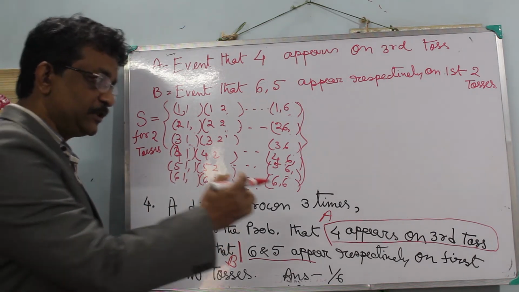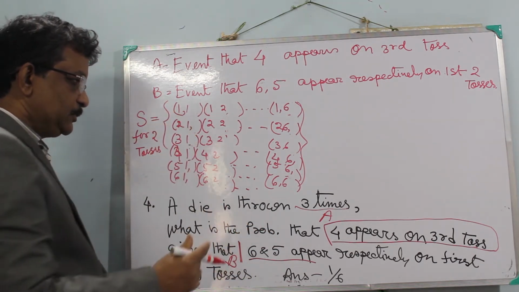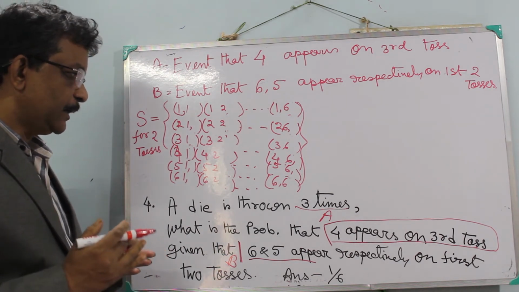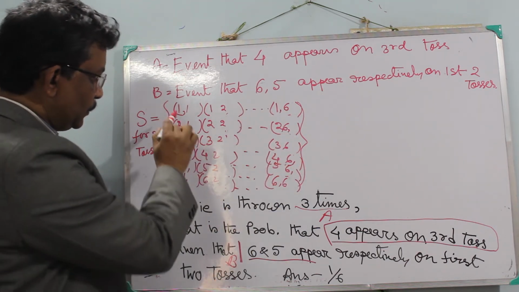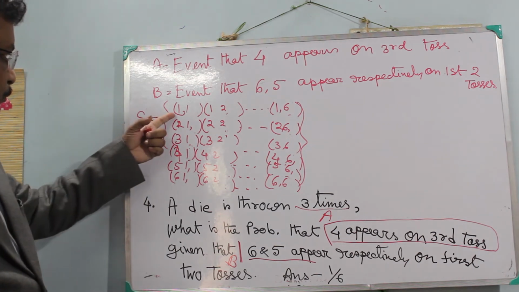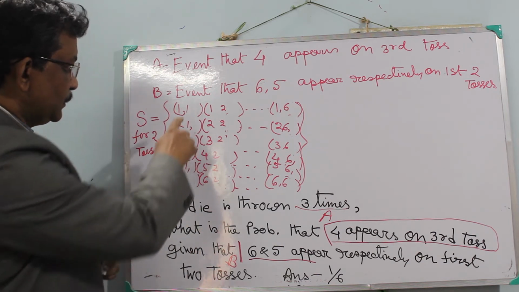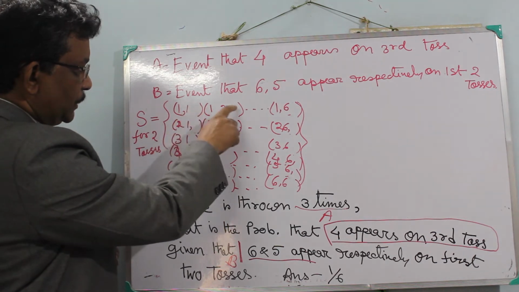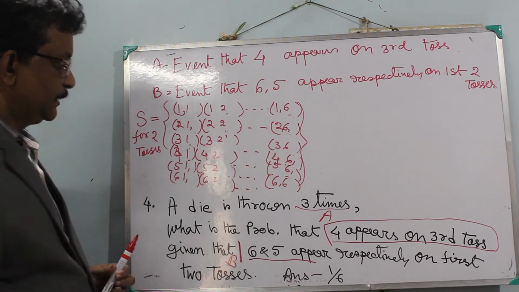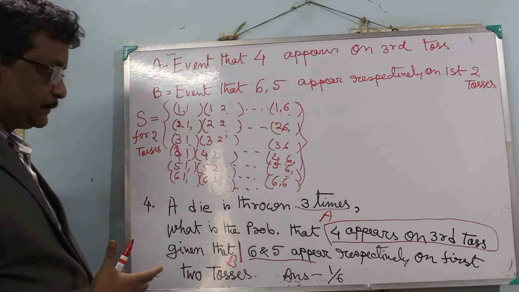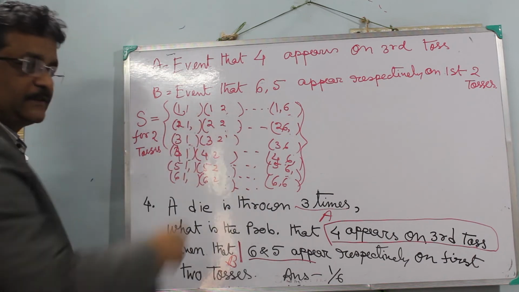But a die is thrown 3 times. So what is the possible number of outcomes? That was the sample space of 2 dice. If 3 dice are tossed, then in the third position, if you add 1 at last in all the cases, there will be another 36 cases. And if 2 appears at the third position, then another 36 outcomes.